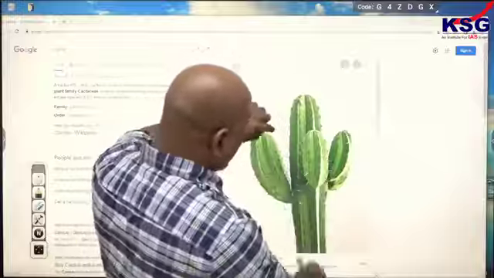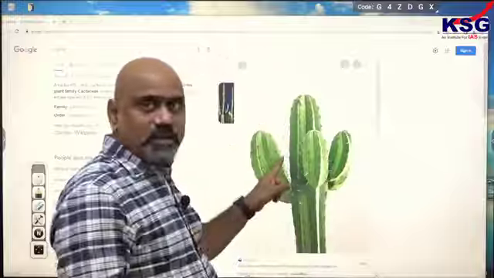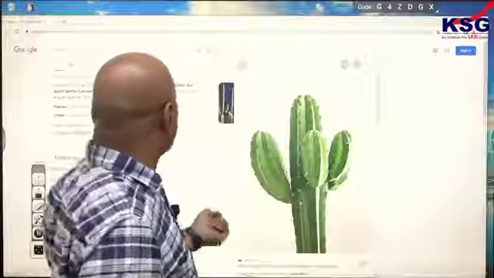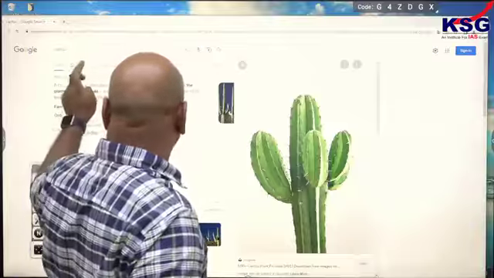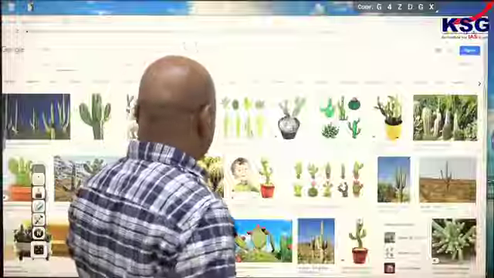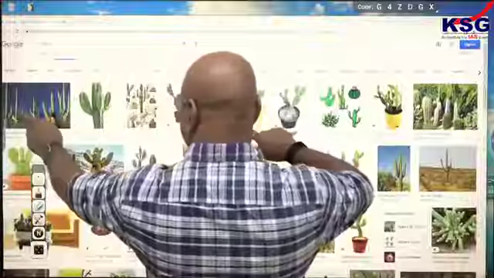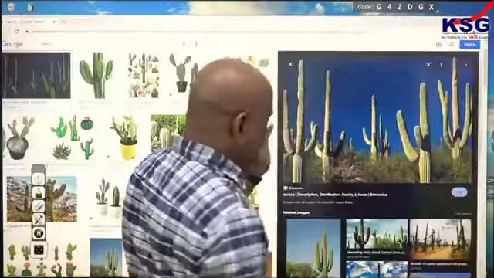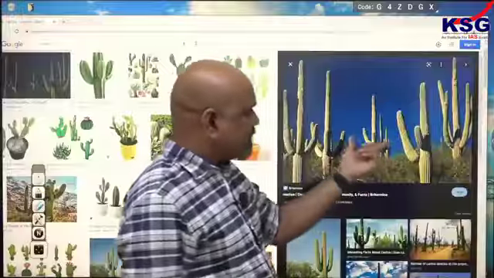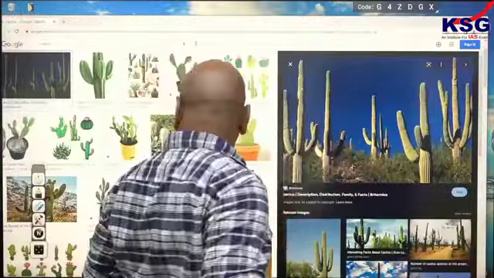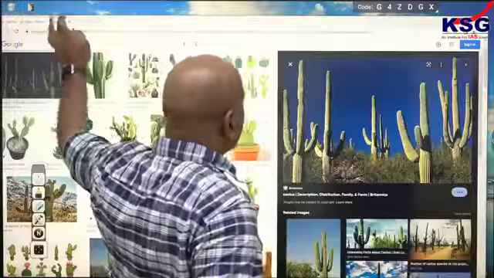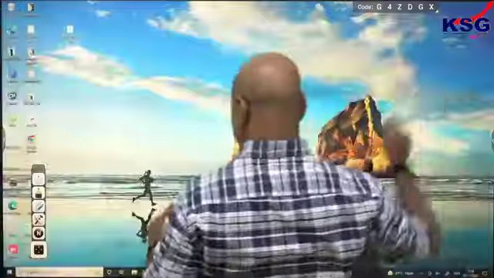This type of vegetation, cactus and thorn, will be there definitely. Mostly you will find this in the hot desert regions, where you mostly have cactus and thorny vegetations.